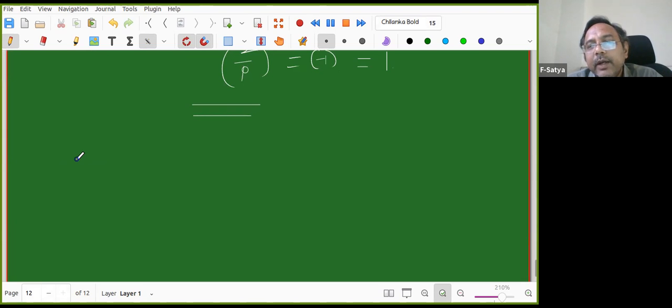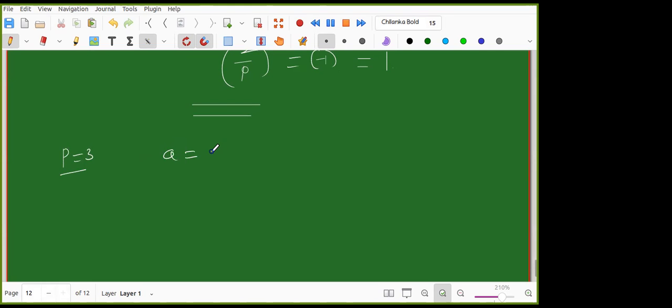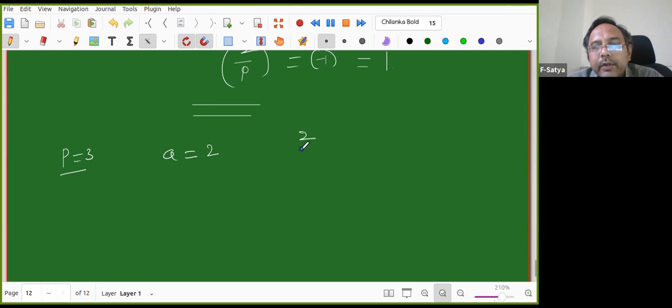Nothing will be there, you already know, but we'll work with p equal to 3. Now tell me the a value, because a is 1 and 2 only. Which one do you pick? 2, okay. Now what is your question? 2 by 3. Is it a quadratic residue or not?